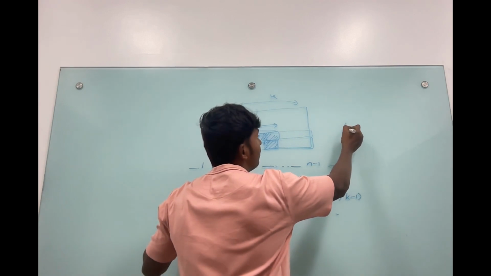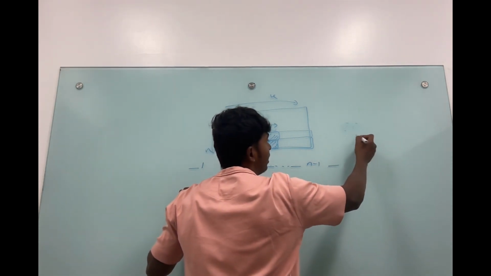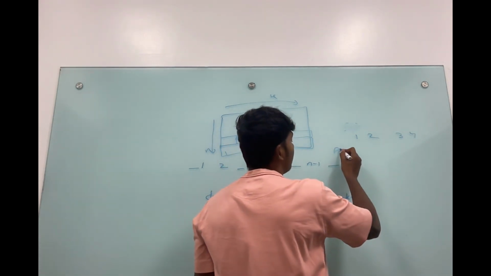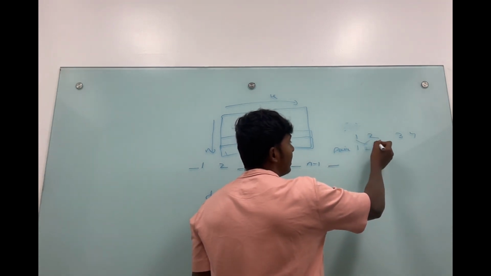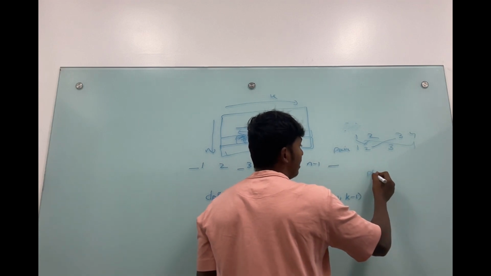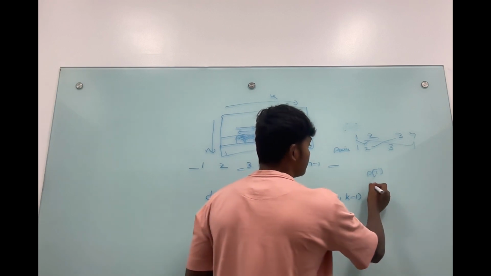Let's say we have an array 1, 2, 3, 4. The prefix array of this would be 1, then 1 plus 2 is 3, then 3 plus 3 is 6, then 6 plus 4 is 10. So prefix of i contains the sum of all the elements from 0 till i.